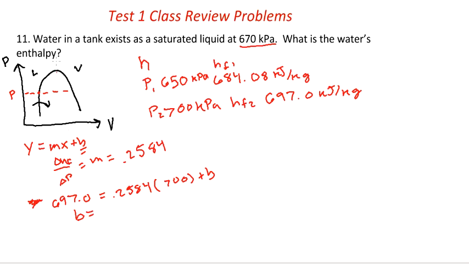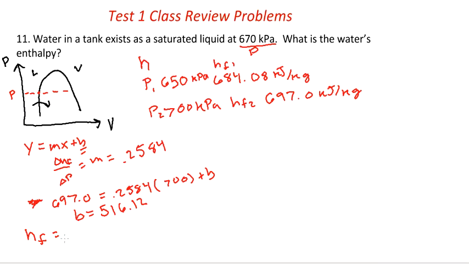That's going to give us our b value, which is 516.12.